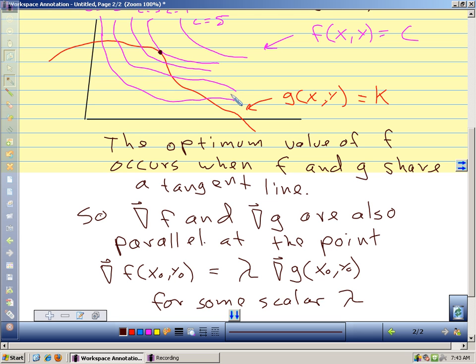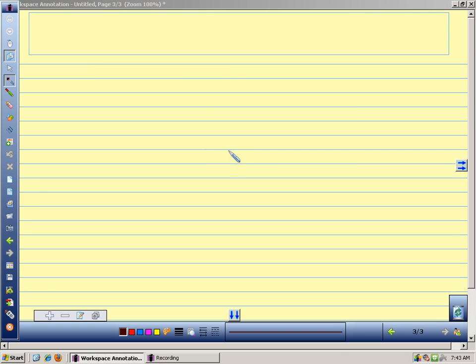All right, so now we can go to Lagrange's theorem. We have an idea of why this works, so we'll state the theorem, and then we're going to do an example.